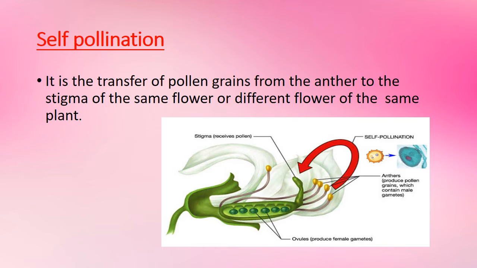Then the pollen grains on the stigma grow a tiny tube all the way down the style to the ovary, and then the ovary develops into a fruit to protect the seed. In this way self-pollination occurs.